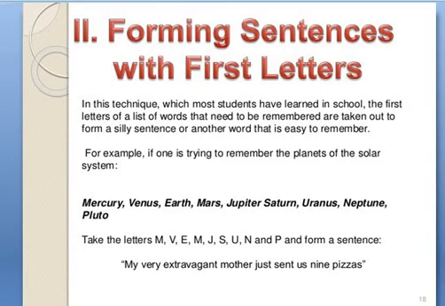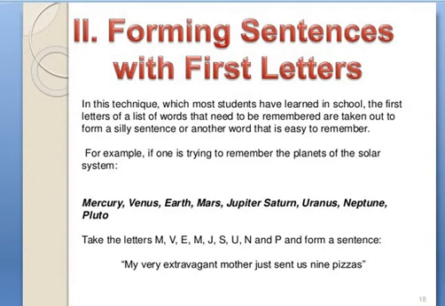Next one is forming a sentence with the first letter. In order to employ the first letter technique, you need to pick up the first letter of each word you want to remember and arrange them to form another word or sentence. For example, colors of the rainbow are remembered in the way Vibgyor, right? That stands for violet, indigo, blue, green, yellow, orange, red.